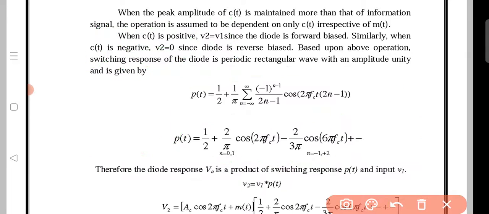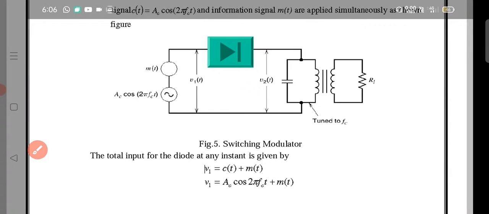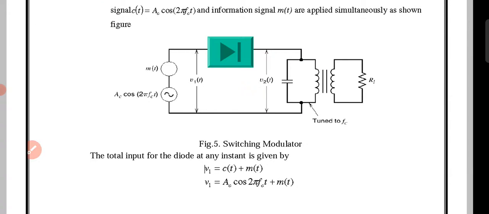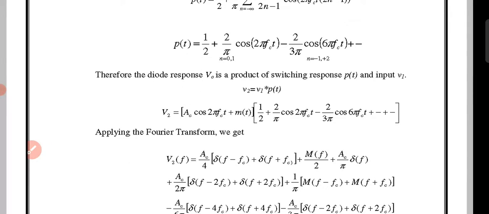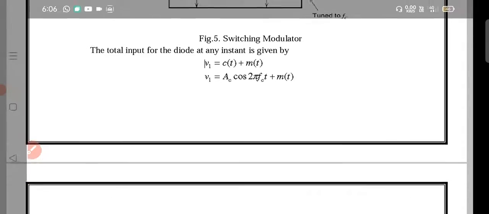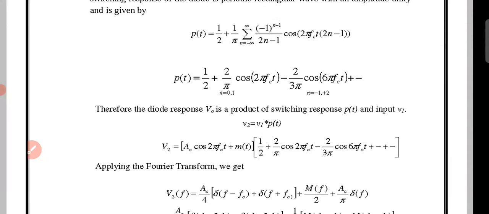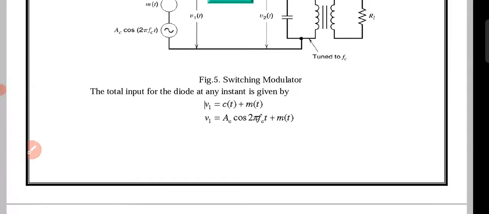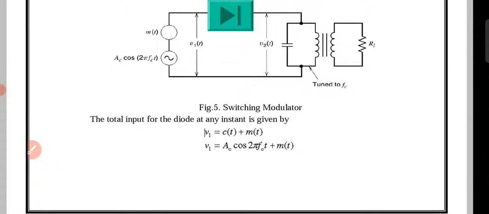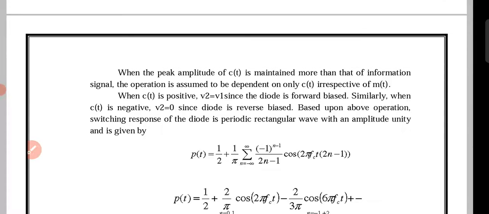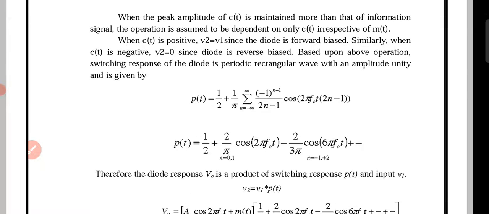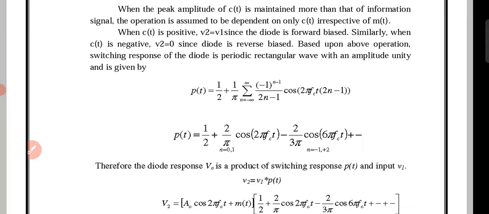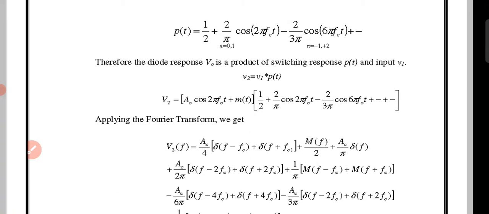Now what is the output of the diode? V2 is always the product of v1 and p(t), where p(t) is the switching response of the diode, and v1 is the input.